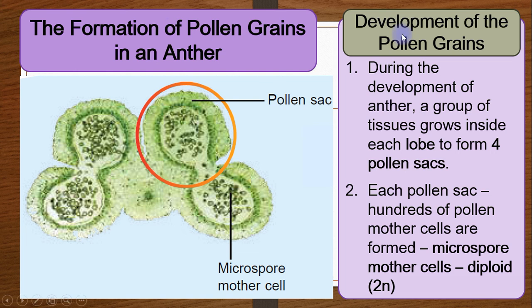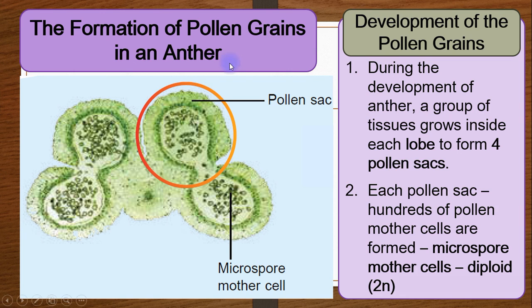Why are pollen grains very important? Because pollen grains contain male gamete. So today we are going to discuss how pollen grains develop, or form, in the anther.